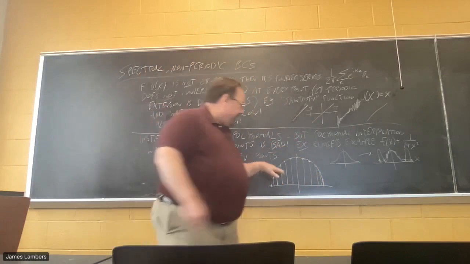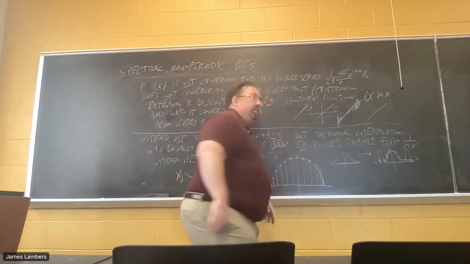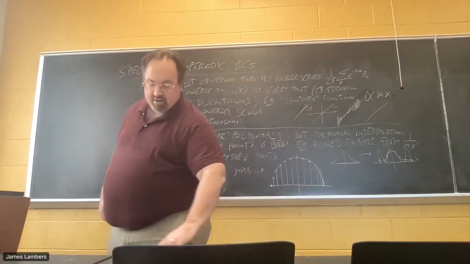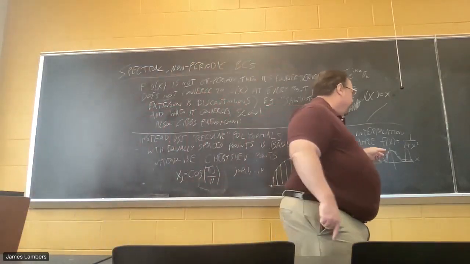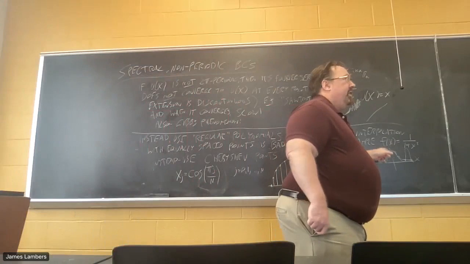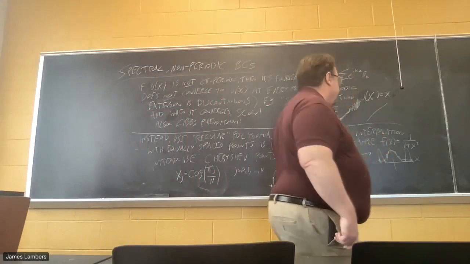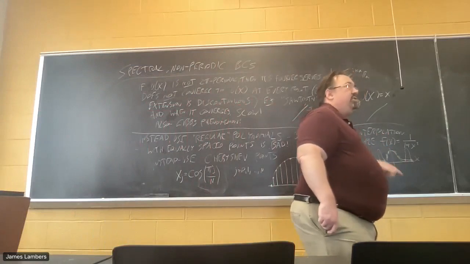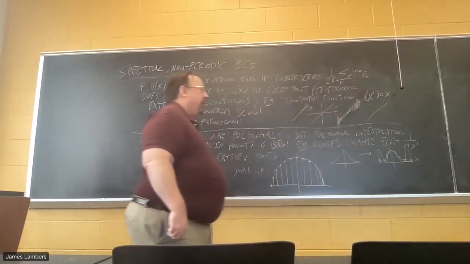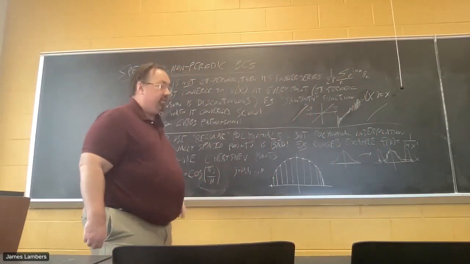So less spacing over here at the edges, more spacing in between. And that works out nicely for an example like this, where we have large error at the boundaries. So if we were to use Chebyshev points for interpolating, we would have more points where the error is large. And that helps. It's still not a great approximation, but it's a lot better than that, certainly.